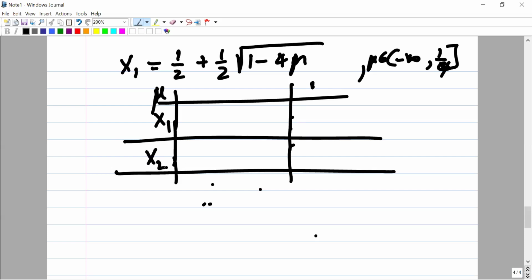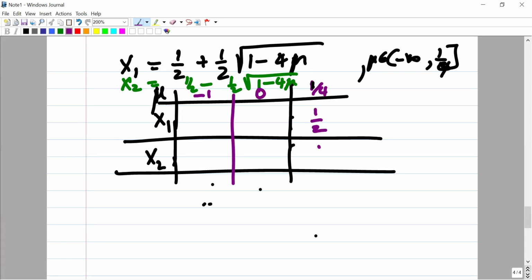Maybe we'll put x2 there, when we can easily write x2 here. We just want to have an idea of how to plot this. So if mu is 1 over 4, let me just pick mu is 0 there and it's minus 1, something like that. We know if mu is 1 over 4, x1 and x2 are all at half.